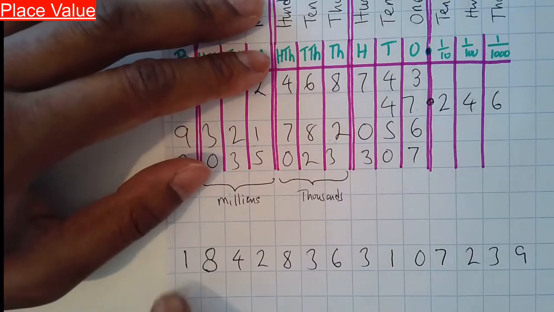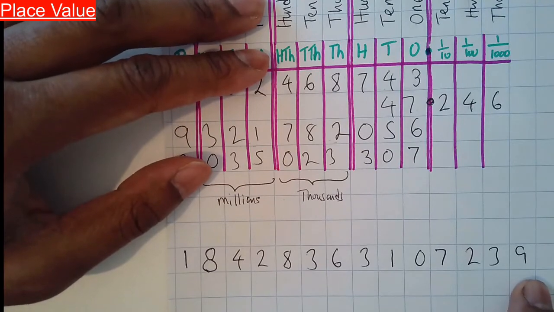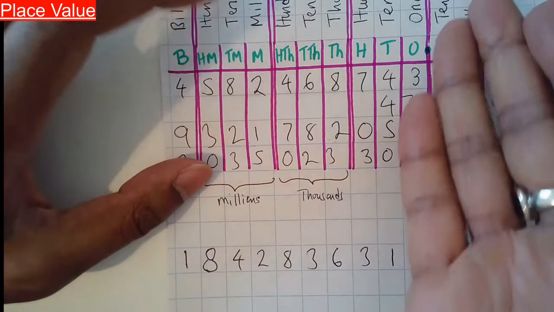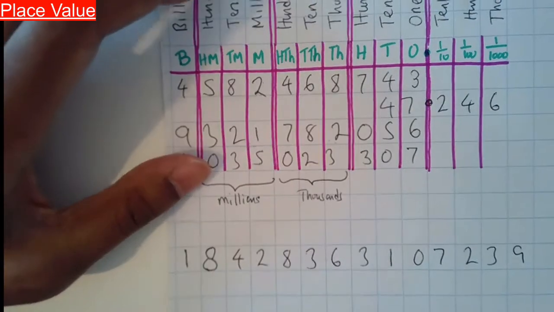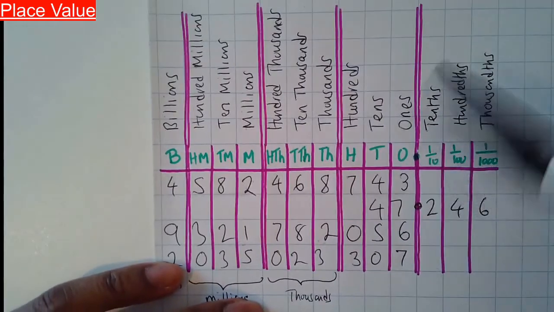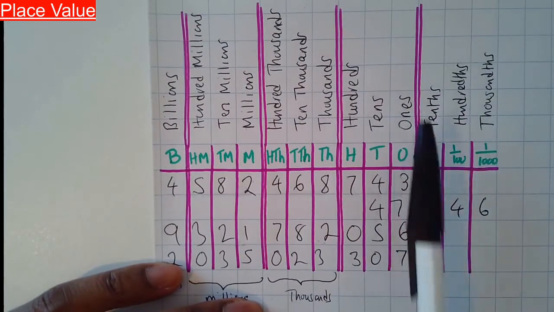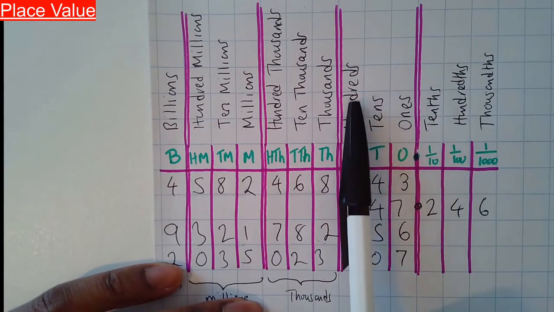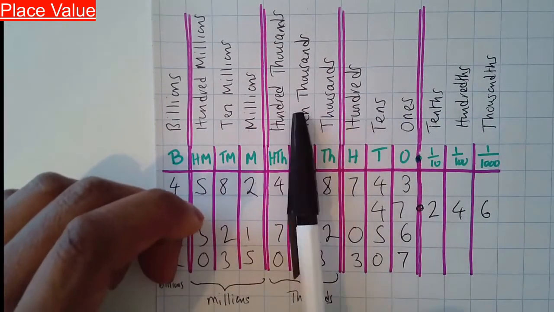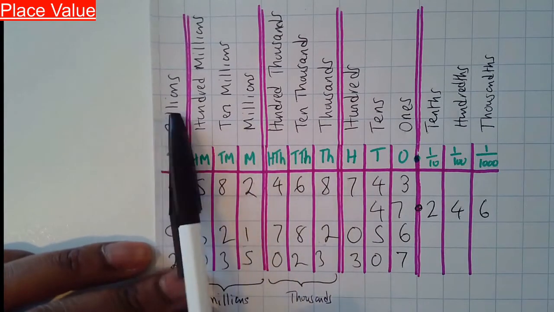Right, what if I've got a huge number like this and I want to read it out? Now, it's not always convenient to have a place value chart like that. So what I tend to do, if you look at this place value chart one more time, on the left hand side of the decimal point, you can see there are 3 digits. Each section has got 3 digits, and so on.